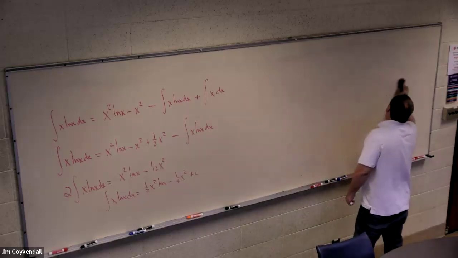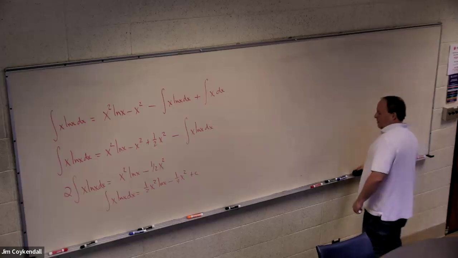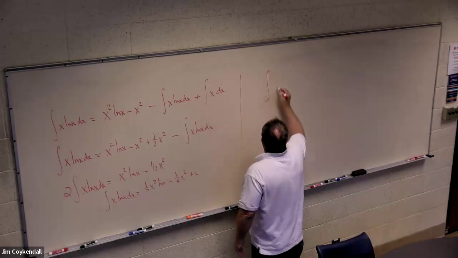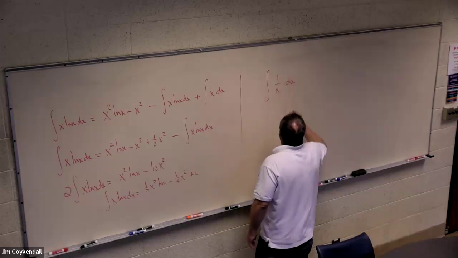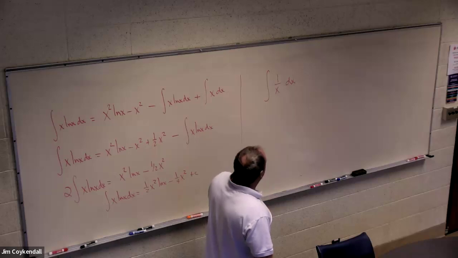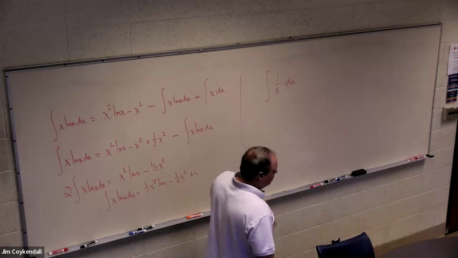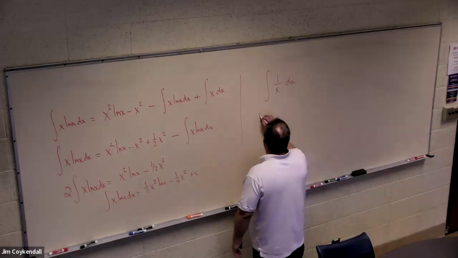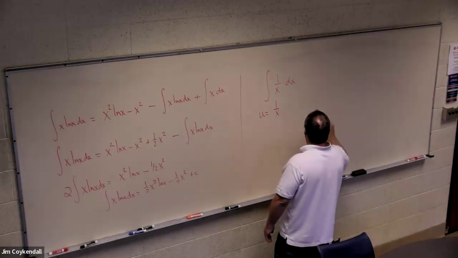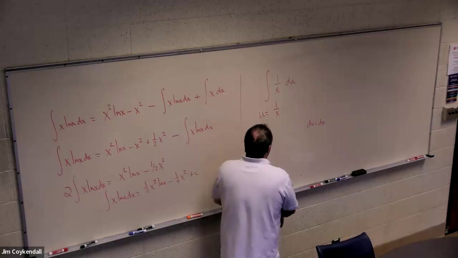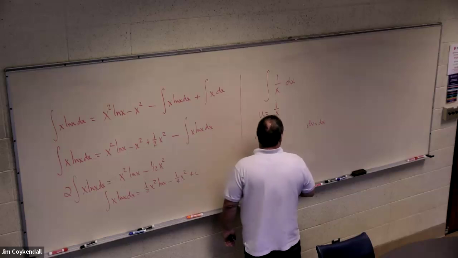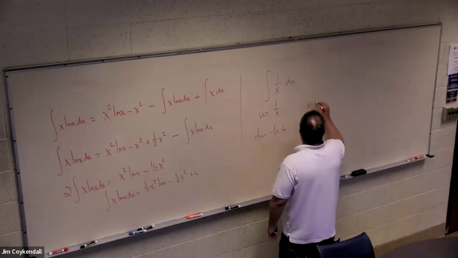All right, I've got one for you. I want you to tell me what's wrong with this. By the way, you know what the answer is. It's log x. Well, let's suppose that we put parts on that. The derivative is minus 1 over x squared, and v is x.